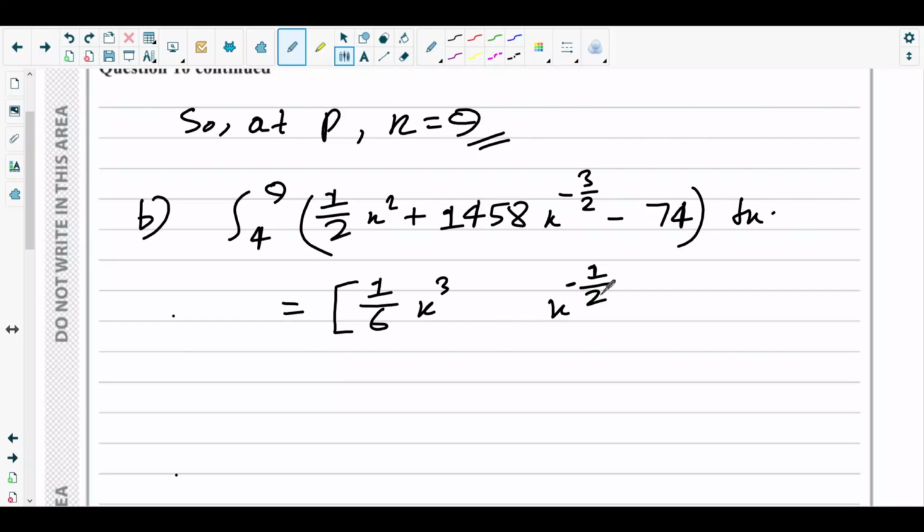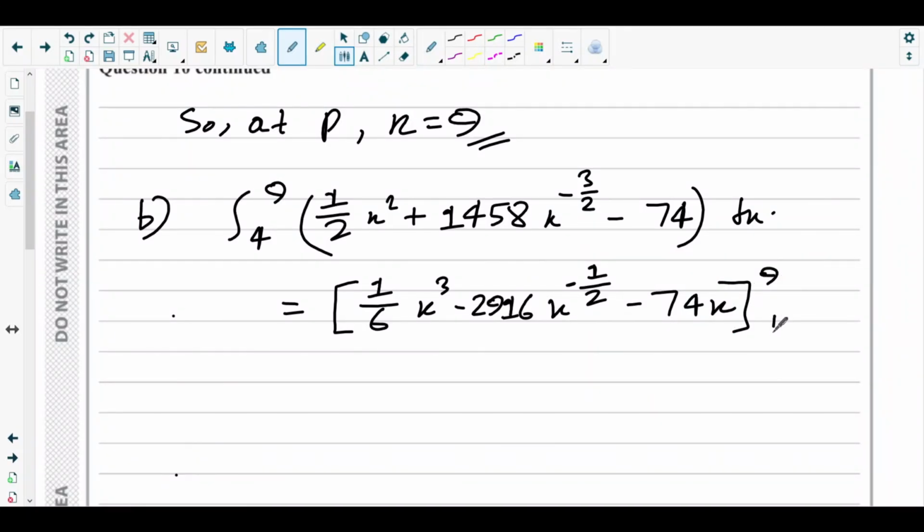So 1458 divided by negative half, 1458 divided by negative 0.5, that would give you negative 2916. Just add 1 to the power, you will get the new power, and use this new power to divide the previous coefficient of x. That's it. And negative 74 would be just negative 74x.